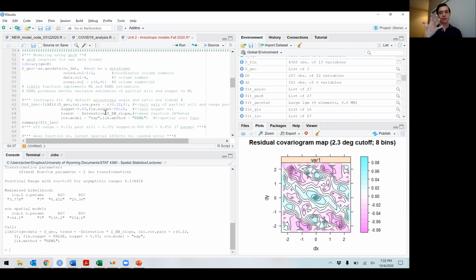In a non-spatial model, you're also estimating the residual variance. What are the 7 in an isotropic spatial model? Intercept, main effects, interaction. I need to come up with 3 more. I have the partial sill, the nugget, and the range parameter.